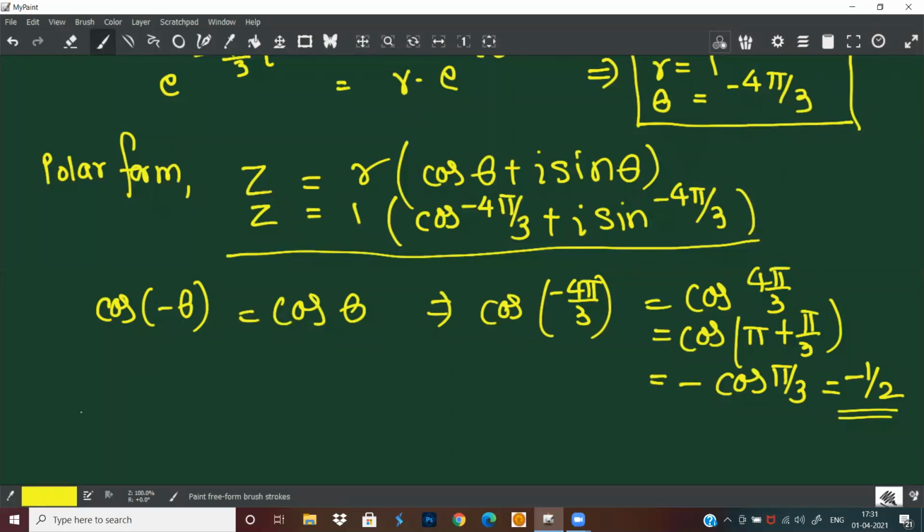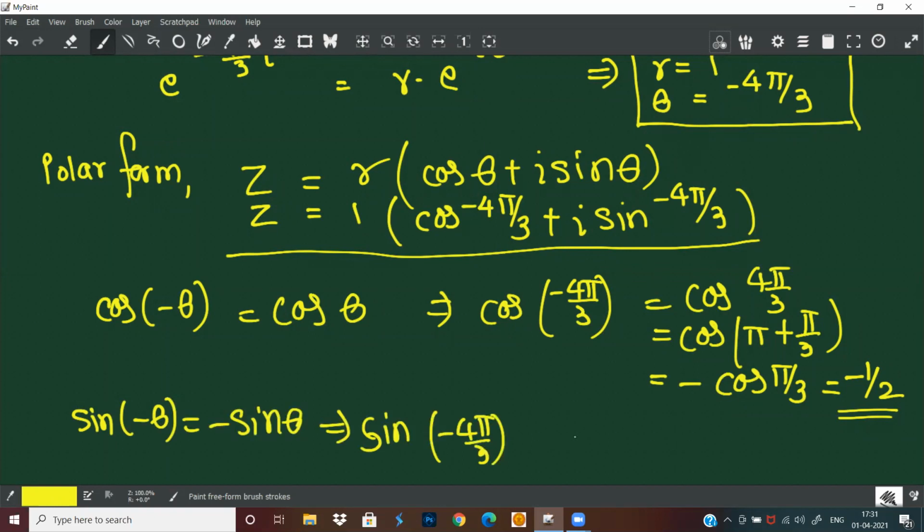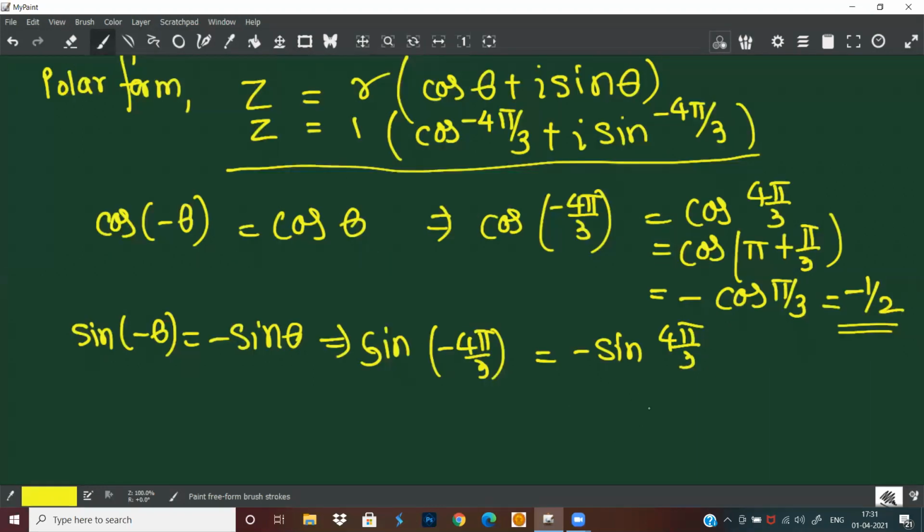Now find the sine. Sine of minus theta is minus sine of theta. Sine of minus 4 pi by 3 is minus sine of 4 pi by 3, which is minus.